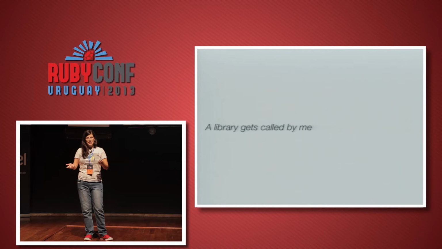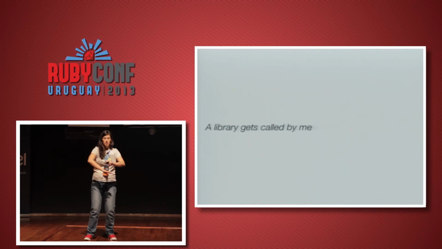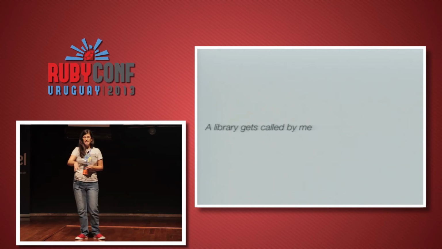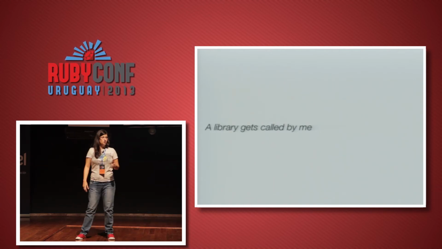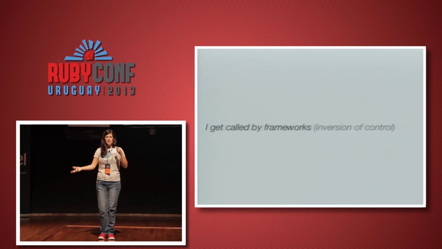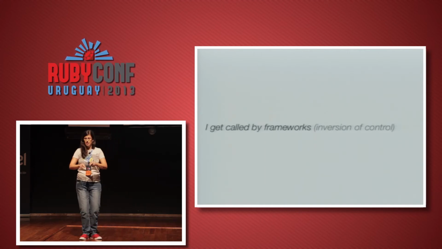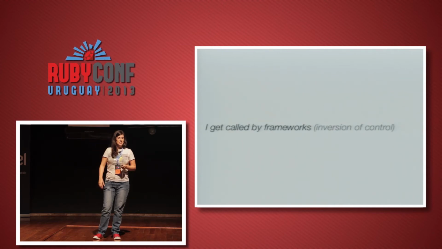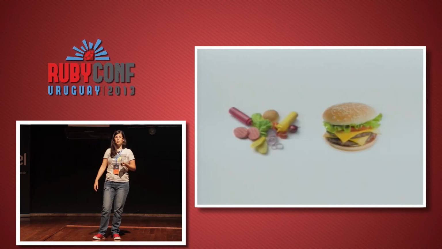Now, frameworks have a totally different approach. They have everything ready there, and they leave some blank spaces so you can fit in your things. And it is they who call you. So that is what we call inversion of control. It is they who control the show, and you just go there and do your work. You just try to fit in where you come in.